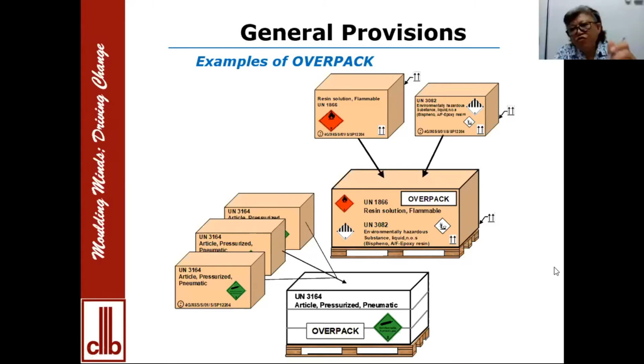That is if you ship it as a loose consignment. What if it is all put into one container? No, it doesn't matter whether it is LCL or FCL. The minute it is palletized, it has to have the overpack mark on it. So it doesn't matter whether it's a full load or an LCL cargo.